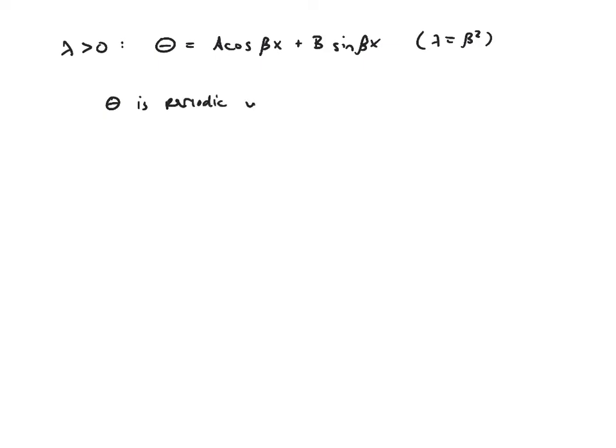Let's do lambda positive. We all know the solution. I'm letting lambda equal beta squared here, so a cos beta x plus b sine beta x. And then we want theta periodic, with period 2 pi.